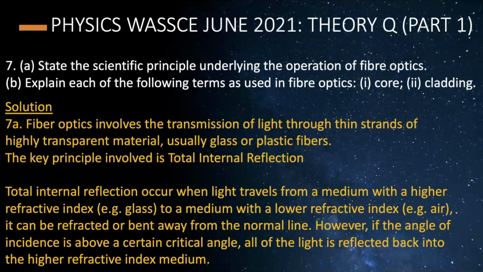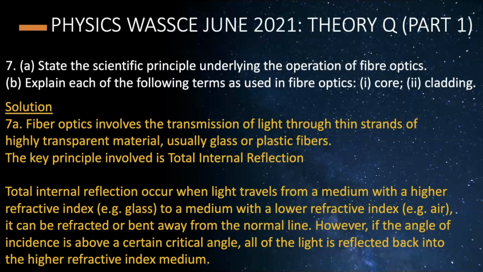Now, I think it's also important that you understand what total internal reflection is. I have given a summary of that on the screen, but I would encourage you to read your textbook, check the links in the description box on the details of this topic.